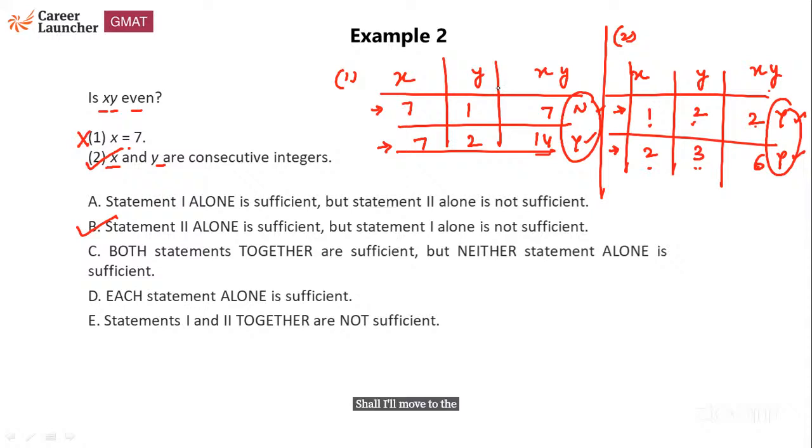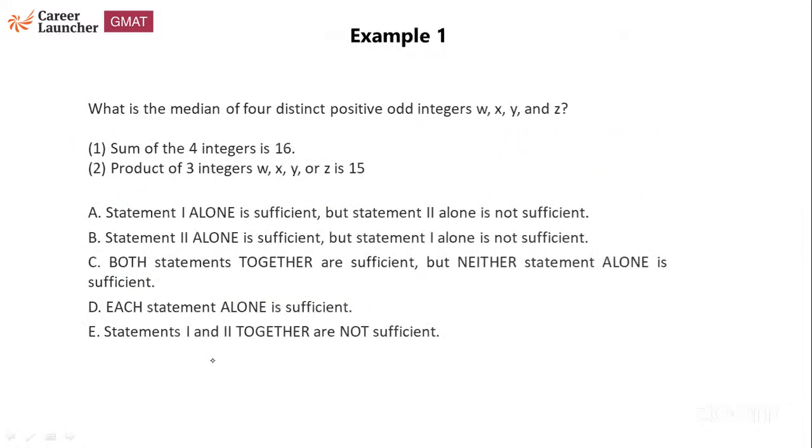Shall we move to the next one now? Good to see. Good. Perfect. This one.